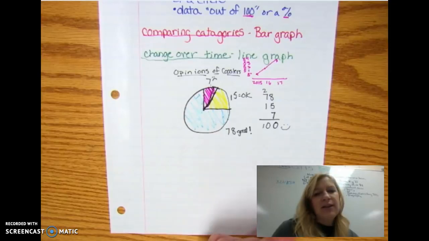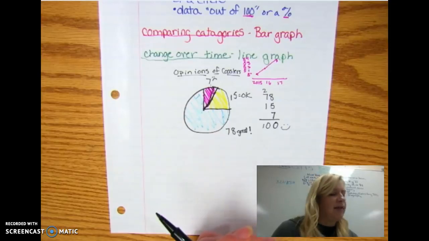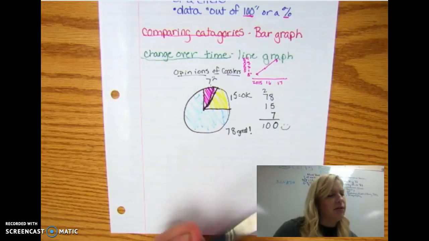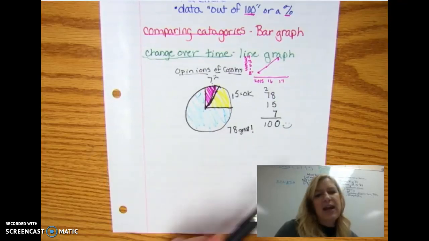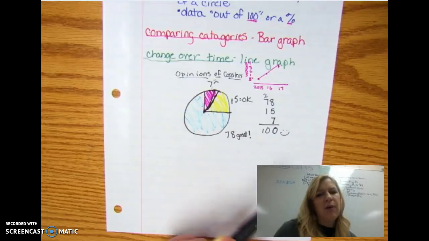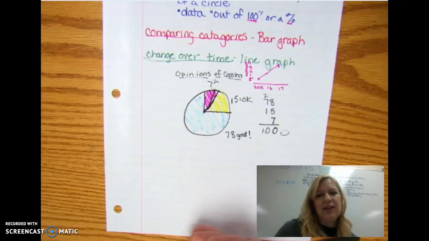So I can ask you information about the data, like what do most of these kids like to do when they go there? Well, 78 say, yay, we're going to go. We're going to like it. And then 15 of them would be okay with that. So there would be 93 kids that would be okay with a new roller coaster if we all went.